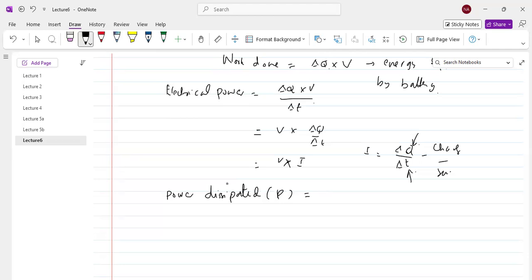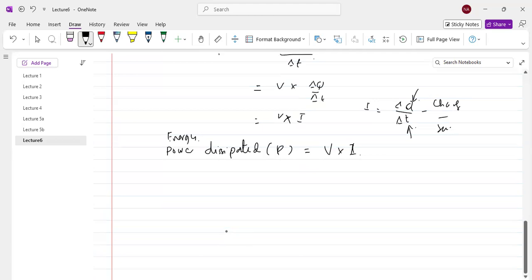So power dissipated is equal to V multiplied by I. This power dissipated is in watts if the potential is in volts and current is in amperes.